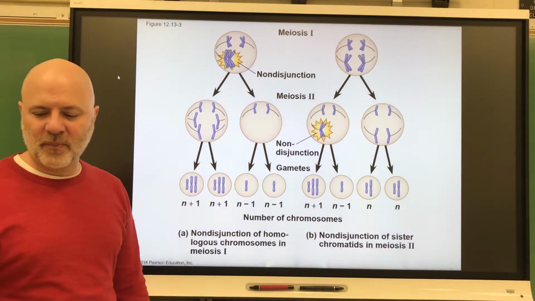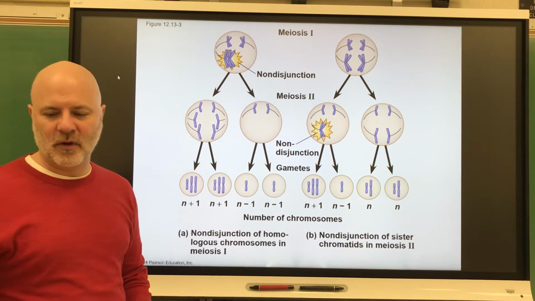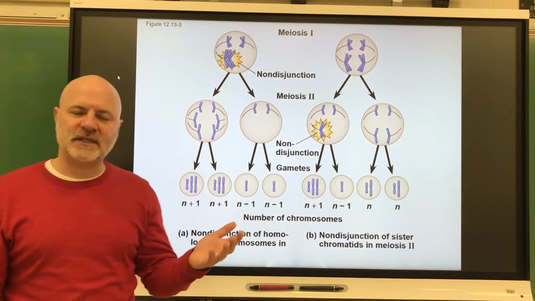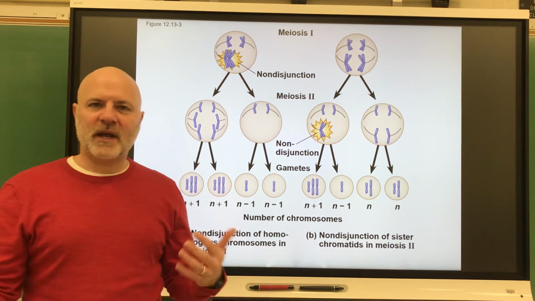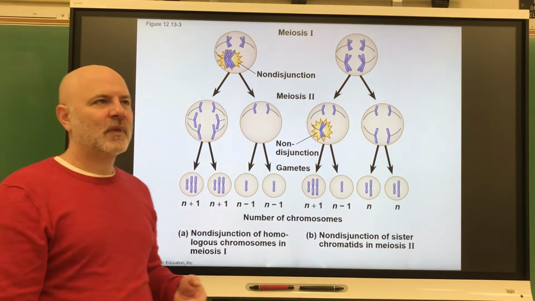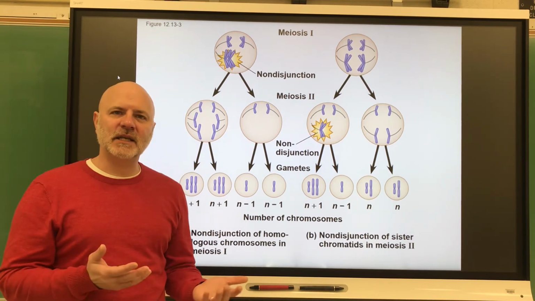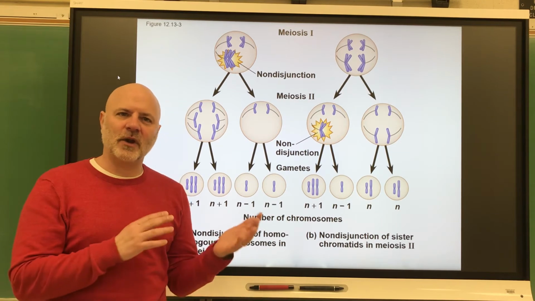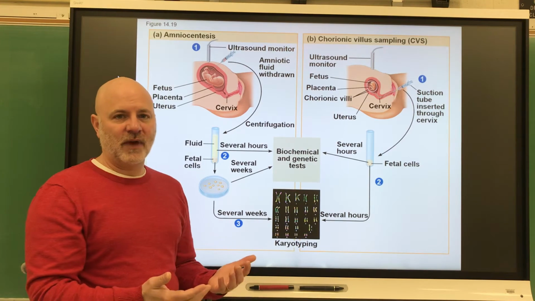Now let's look at aneuploid. Aneuploid is a cell with 1 or more extra or missing chromosomes. So instead of having 46, you could have 45 or 47. A monosomy is a cell with 1 missing chromosome. With humans, if this is autosomal, that is lethal. It does not develop. If you're missing 1 chromosome in one of these autosomes, you don't develop properly.